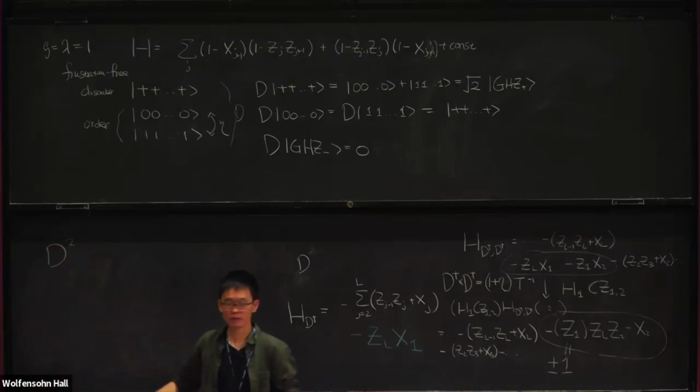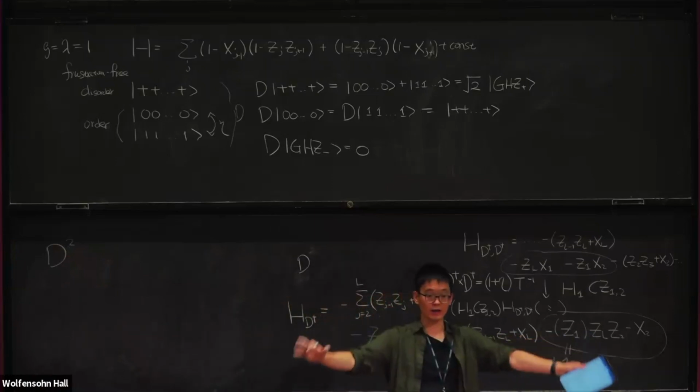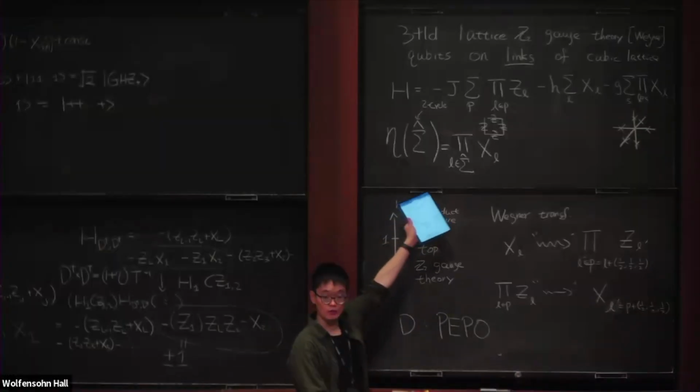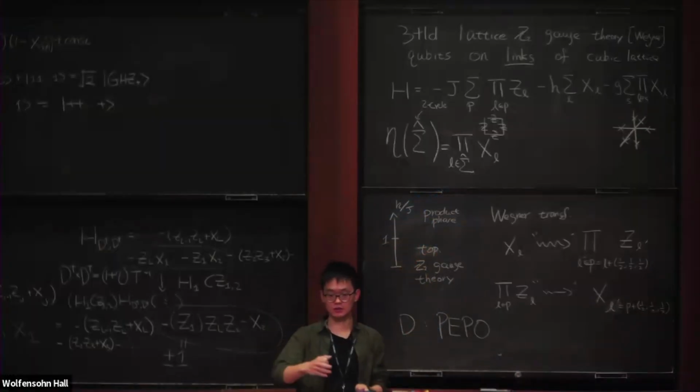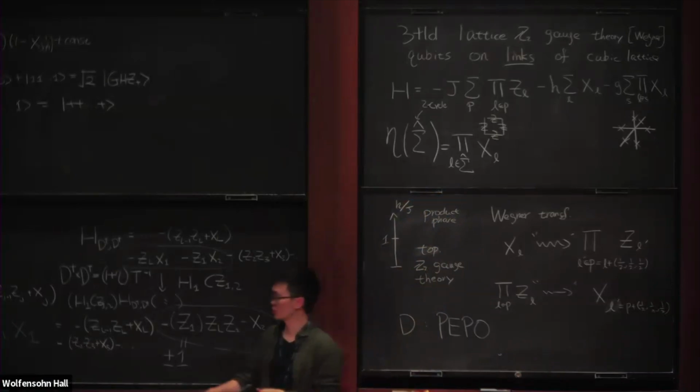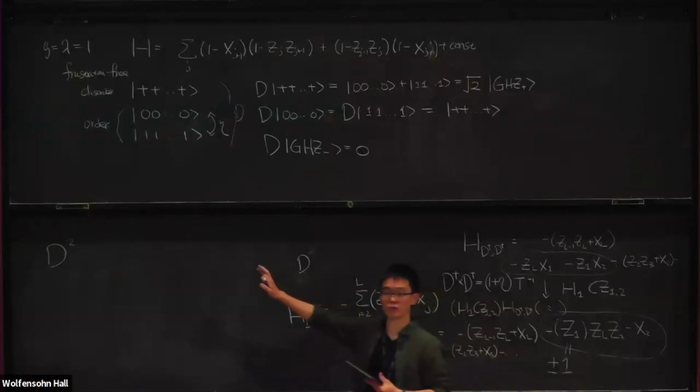But here it's different. D is a PEPO that spans over the entire cubic lattice. Eta, on the other hand, is a one-form symmetry. It's only supported on the 2 cycles in your 3-dimensional spatial cubic lattice. So how do we write an equation that will make sense?